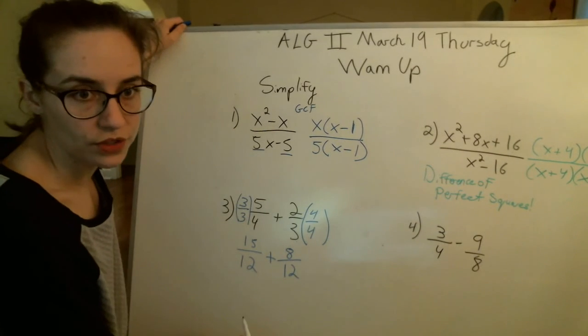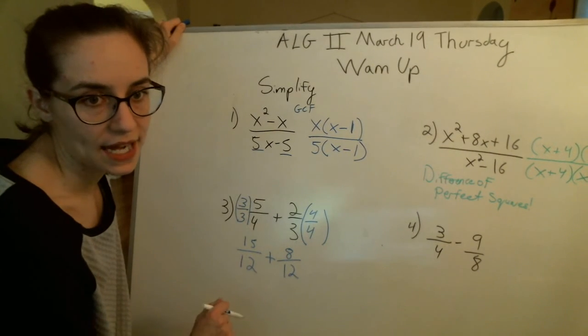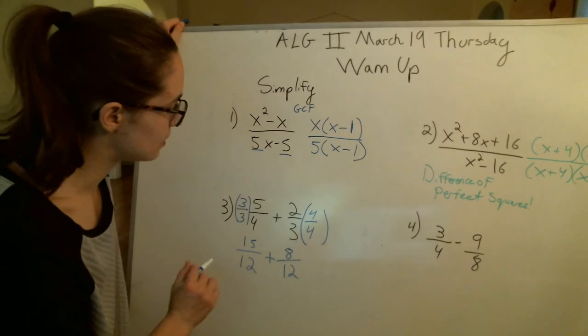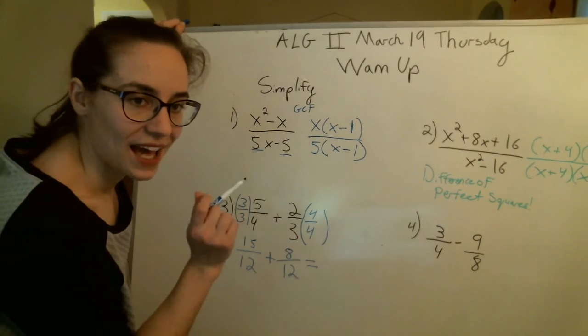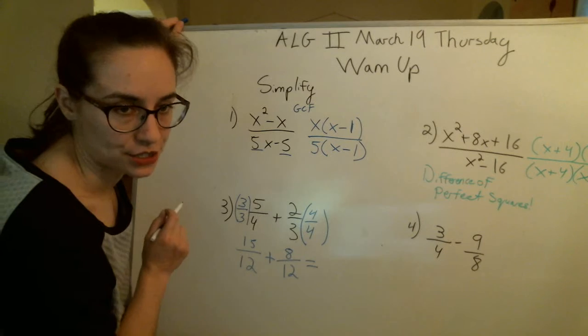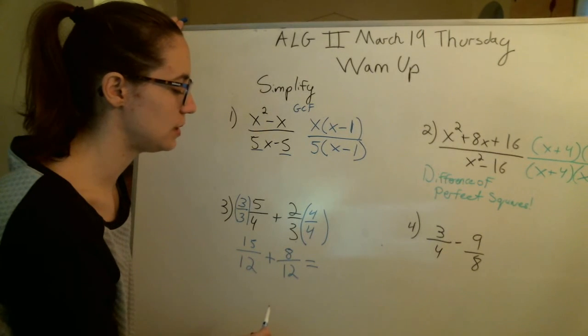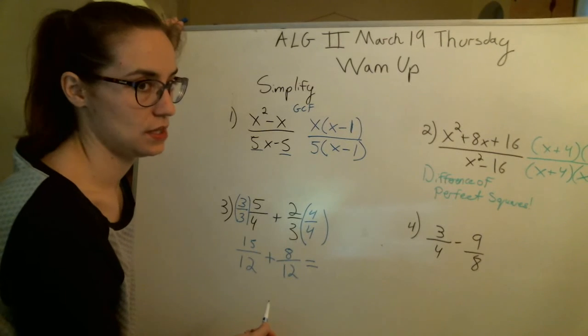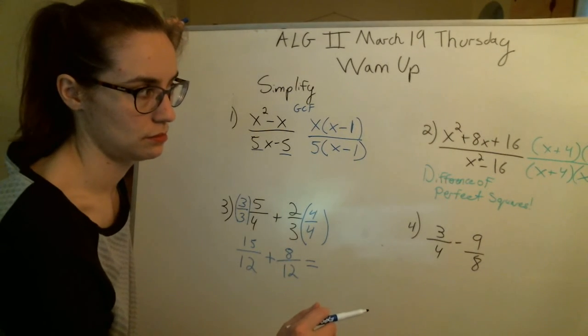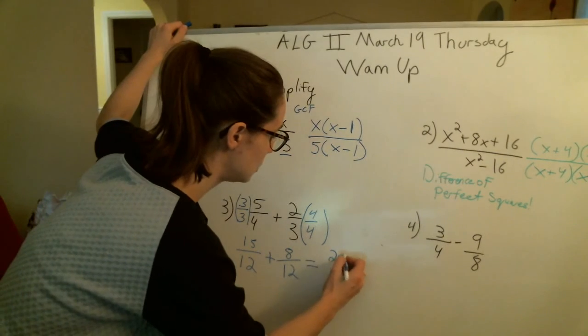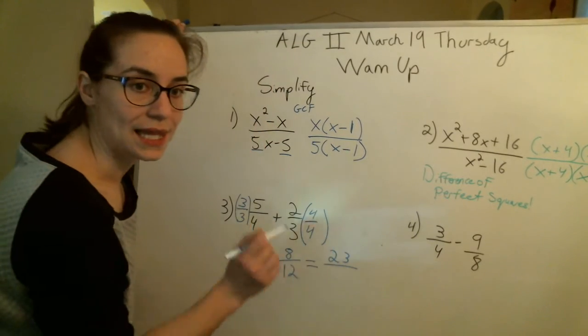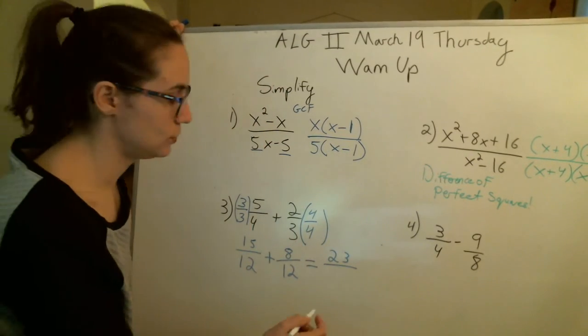Now, if they're both over the denominator 12, they actually can be added because now they're alike. Very important when adding fractions. Add the numerators. So 15 plus 8 should be 23. Yes, not losing my mind. 23. Leave the denominator alone.